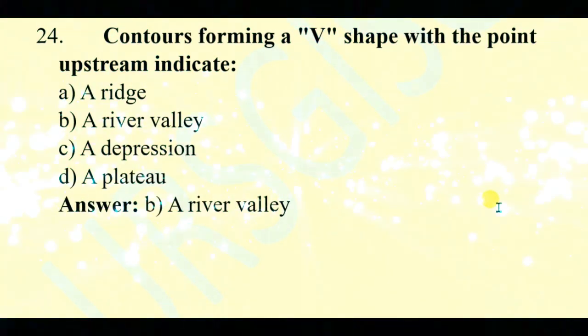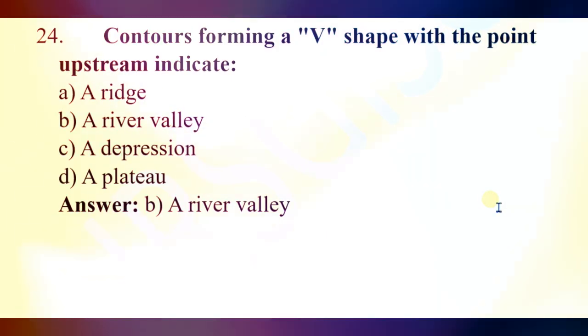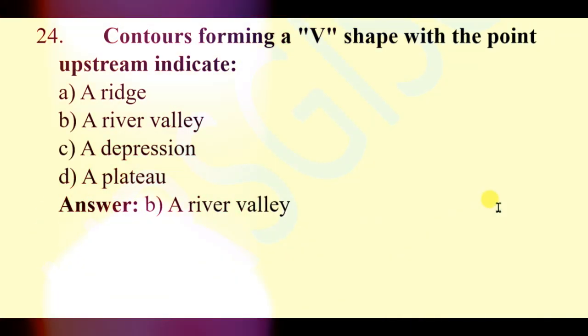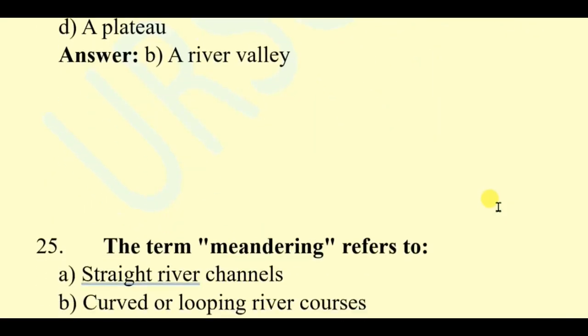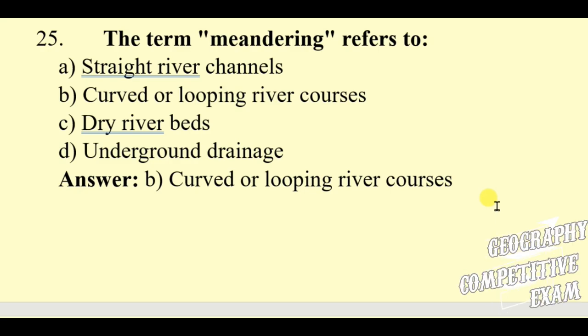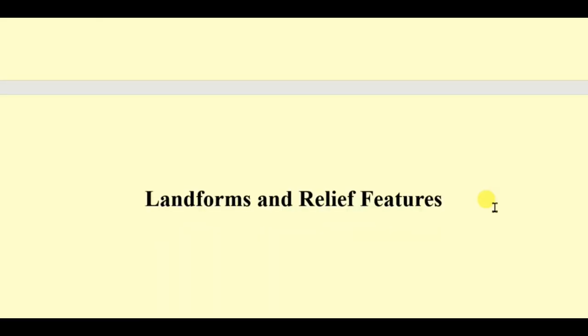Contours forming a V shape with the point upstream indicate a ridge, a river valley, a depression, a plateau. Here the right answer will be a river valley. Question 25. The term meandering refers to straight river channels, curved or looping river courses, dry river beds, underground drainage. Here the right answer will be curved or looping river courses.